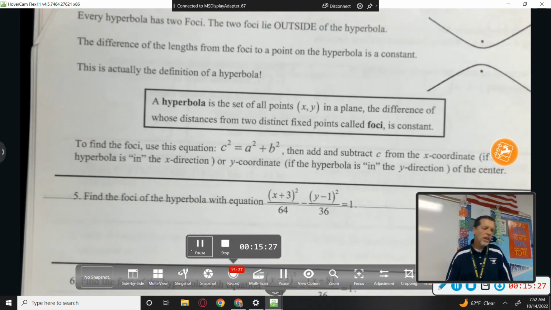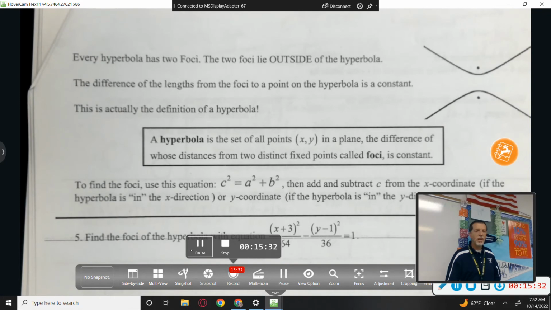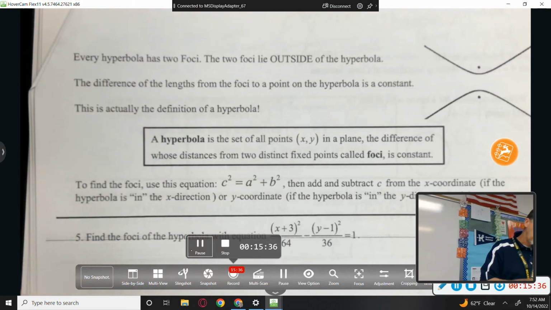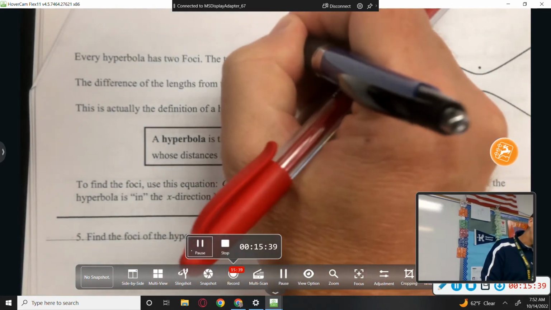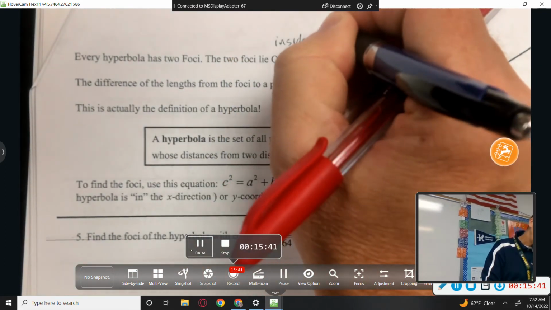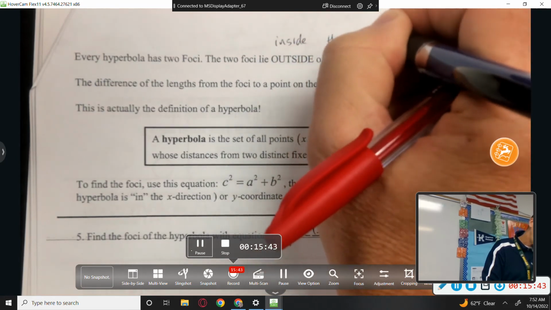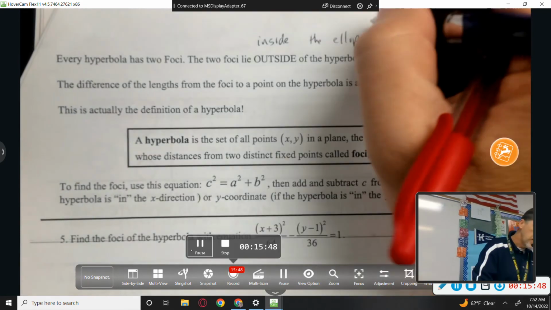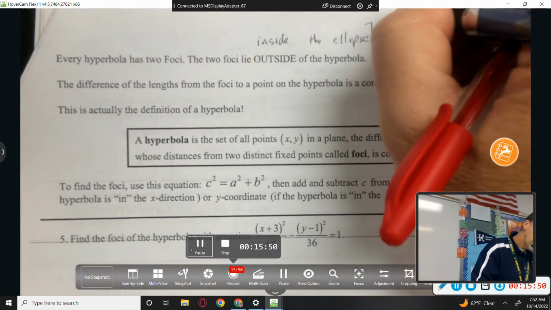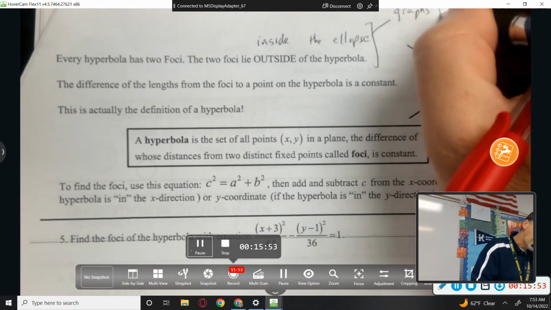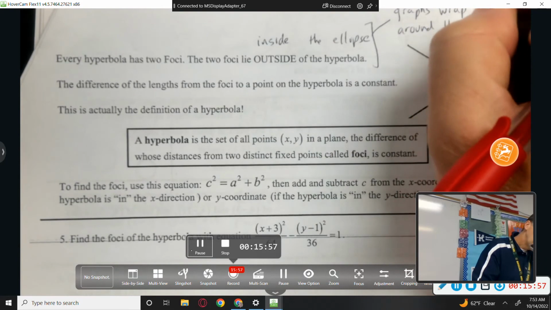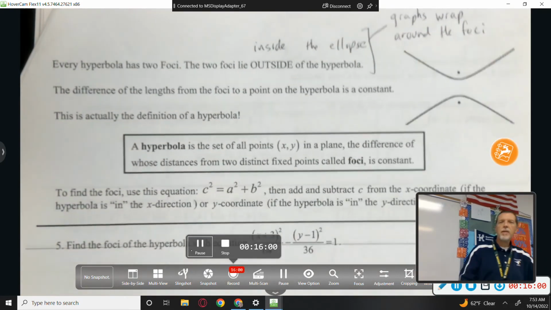Flip the page. Every hyperbola has 2 foci, just like every ellipse has 2 foci. The 2 foci lie outside the hyperbola as opposed to inside the ellipse. But for both of them, the graphs wrap around the foci, if that makes sense.